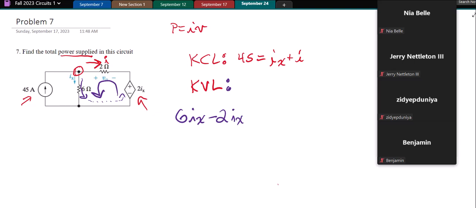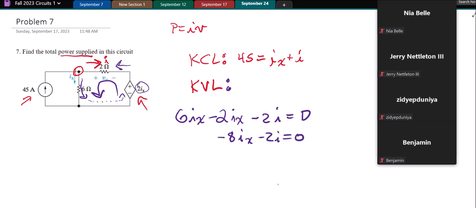Now, even though this looks like it's a current, it's not, it's just the number that goes along with this voltage source. And now as I come up to this top one, you can see I'm going in the opposite direction from how I defined I. So that means this one will be minus 2I equals 0. Or this equation becomes minus 8IX minus 2I equals 0.